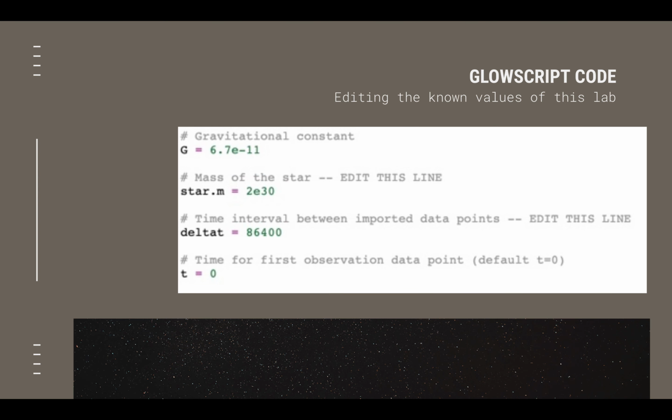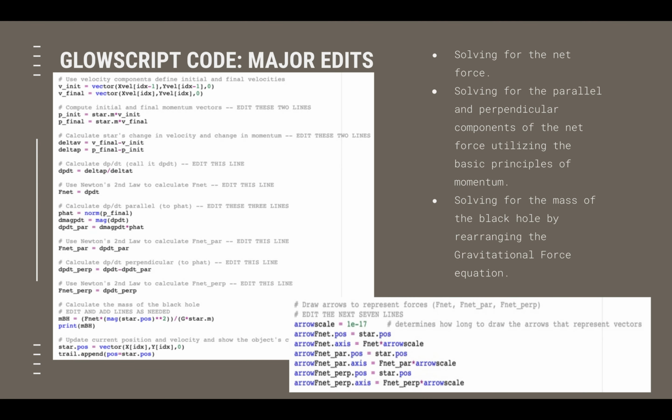I began this lab by editing the known values before running sets of equations in the code. The star's mass was given to be 2 × 10⁻30 kilograms, and the delta T was given to be a day, or 86,400 seconds. The major edits I've made to this code are shown here. If we were given the initial velocity and final velocity, I found that the initial momentum was the mass of the star times the initial velocity, and the final momentum was the mass of the star times the final velocity.